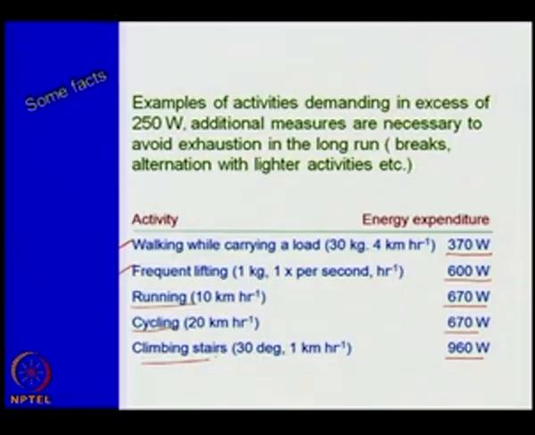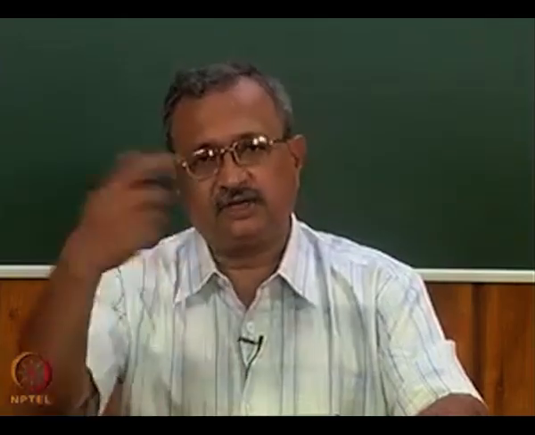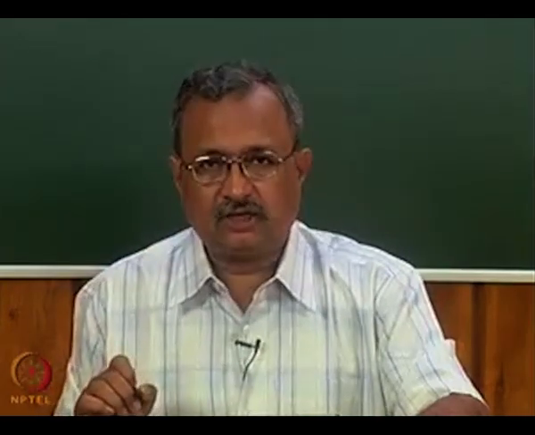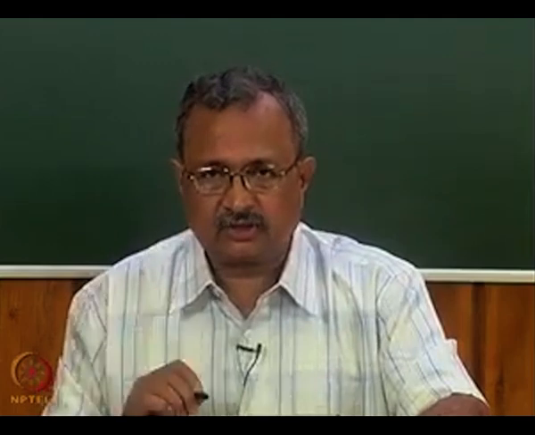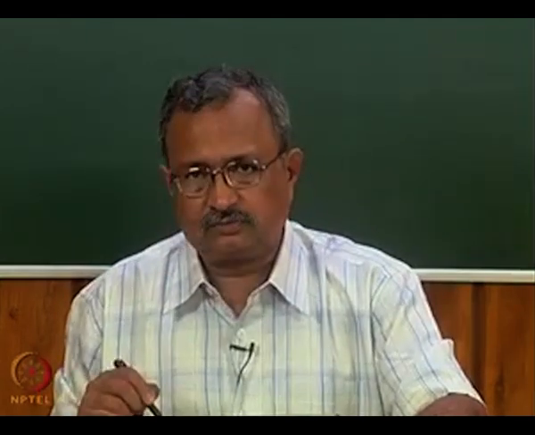So, these have been measured. If it requires more energy, suppose we have changed the angle of the staircase or the speed of climbing, then if we measure his energy expenditure at that moment, it will be more than this value.